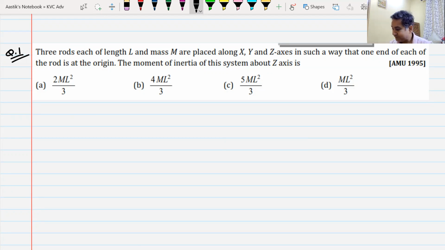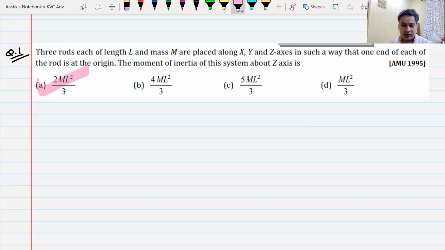And the answer is 2 ml square by 3, sir. 2 ml square by 3.